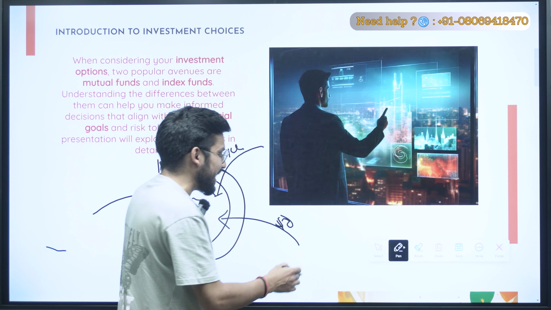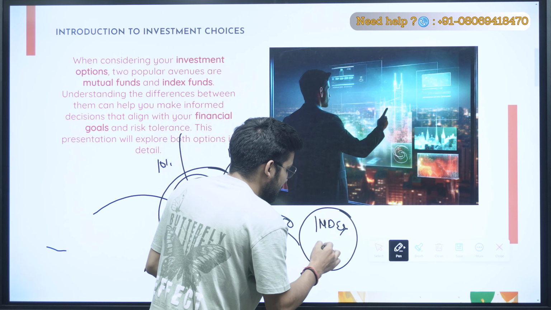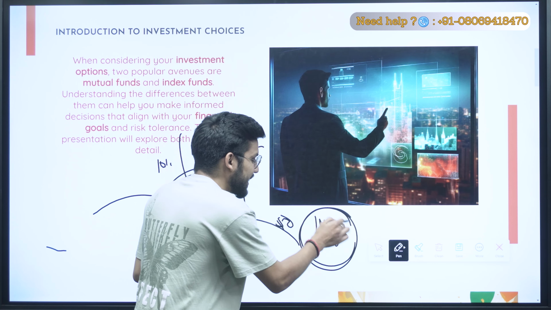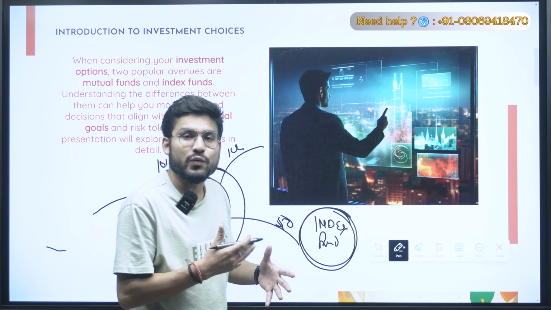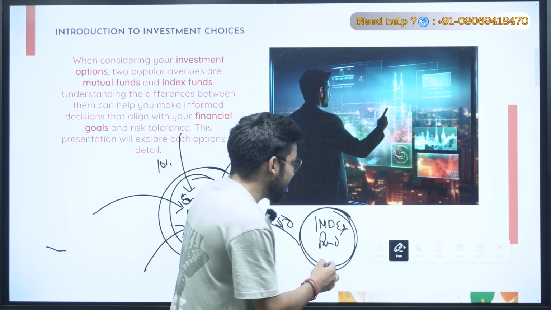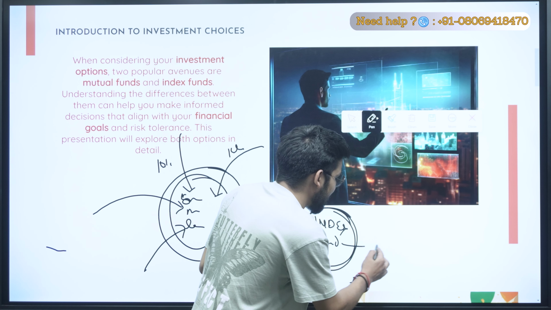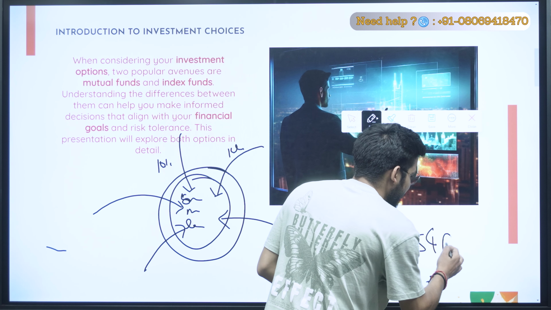When we talk about the index fund, what happens in index funds? In index fund, they will not go with the active approach. They will not go with that much research and active buying and selling, but they will just replicate the performance of an index. For example, S&P 500.